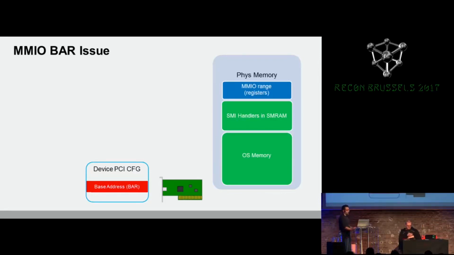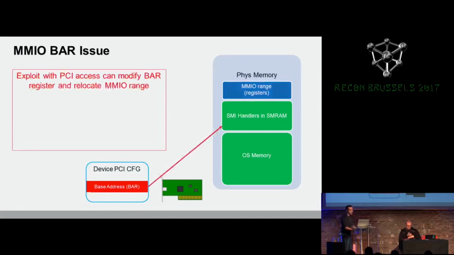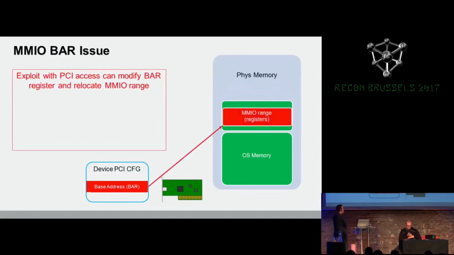However, those are just ring 0 accessible registers that could be modified by any ring 0 code, right? So that's one example of what ring 0 code, OS level code, can do, or ring 3 code, if it has enough privileges to talk to the PCI config space. Let's say modify PCI config registers like this BAR register.